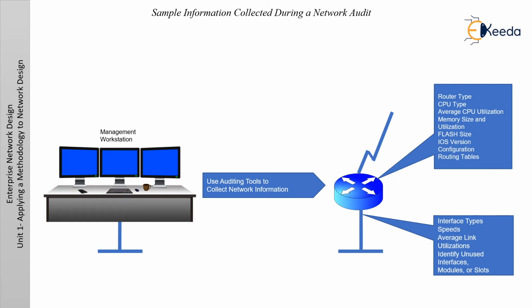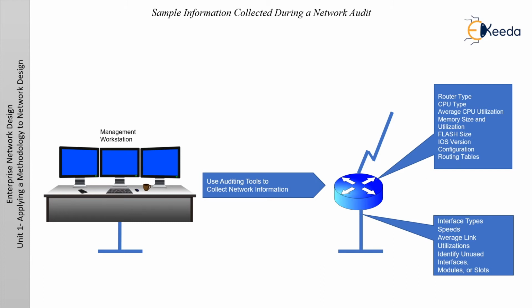This figure shows sample information that a manual or automated auditing process collects from the network management workstation. The auditing process should collect all information relevant to the redesign. The same process should be used for all network devices affected by the design. For the network workstation, use auditing tools to collect network information.